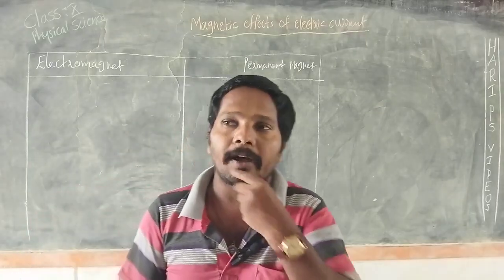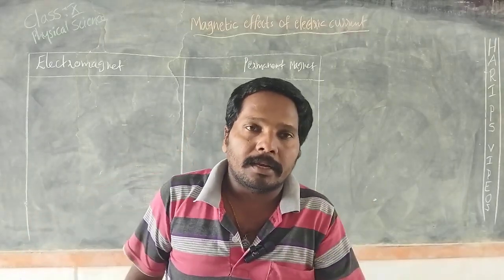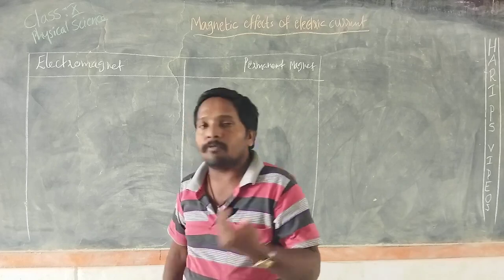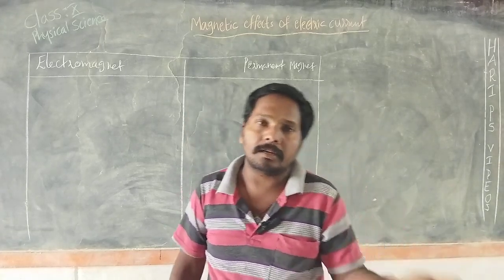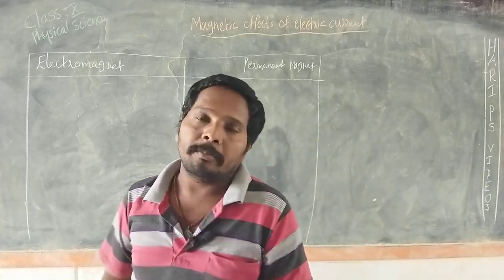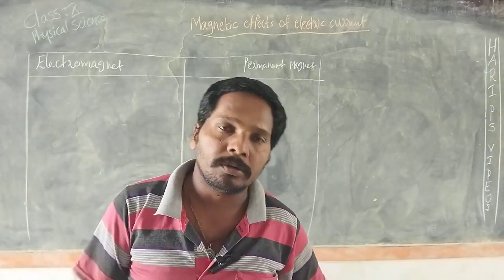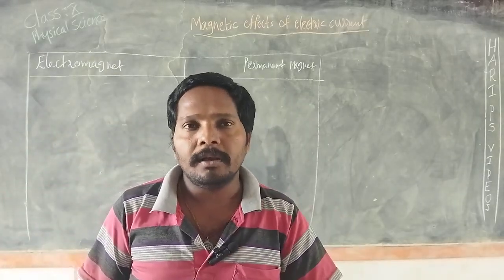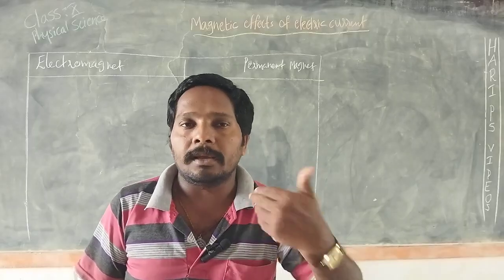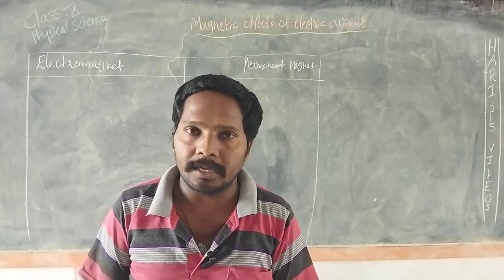As we know, when electric current is passed through a current carrying wire, a straight line, a circular loop, or a solenoid, a magnetic field is formed around it. Why is the magnetic field formed? Because a current produces magnetism in the material.